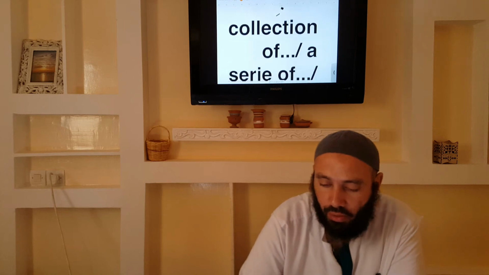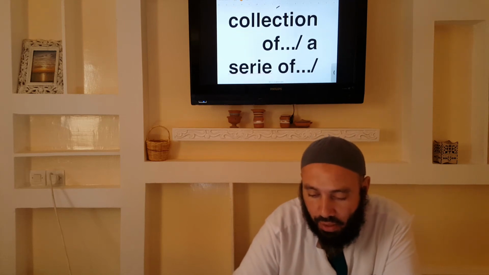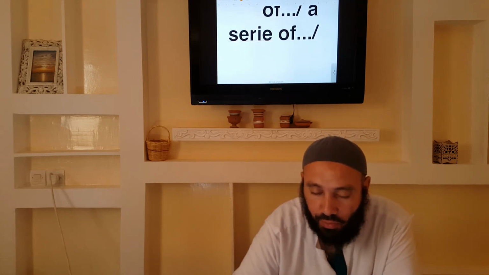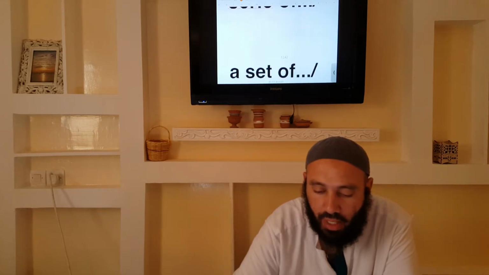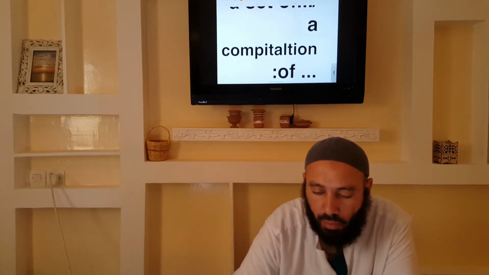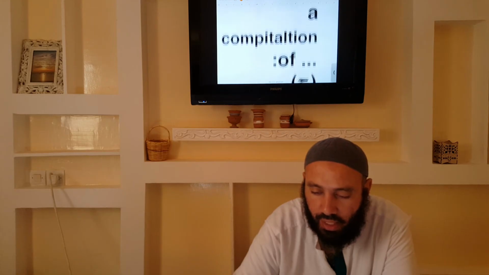So you say مجموعة من الكتب, a collection of books, a series of books, a set of books, a compilation of books. So مجموعة has multiple meanings. مجموعة من الأقلام, a set of pens.